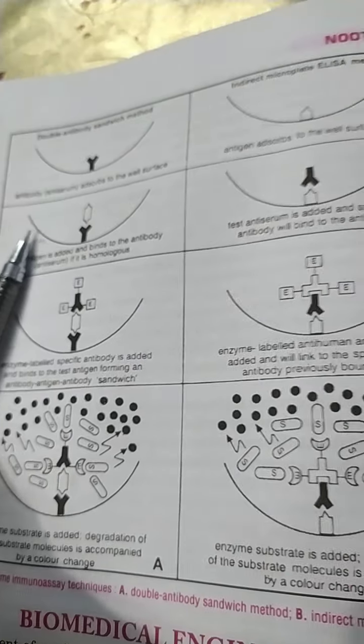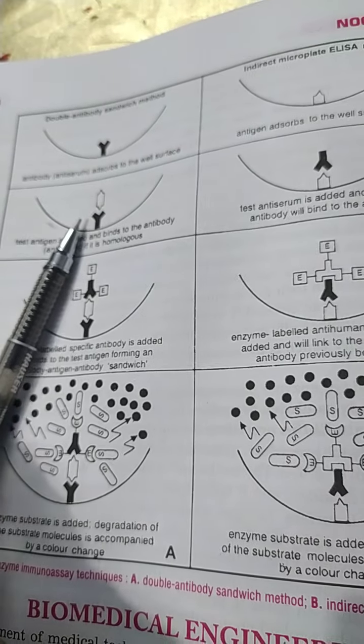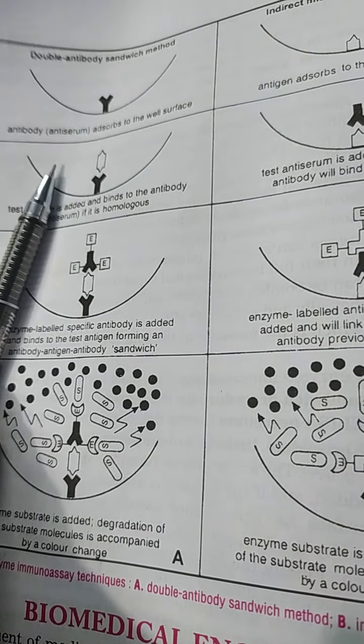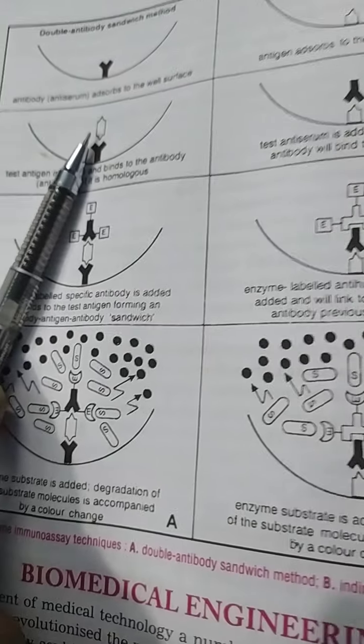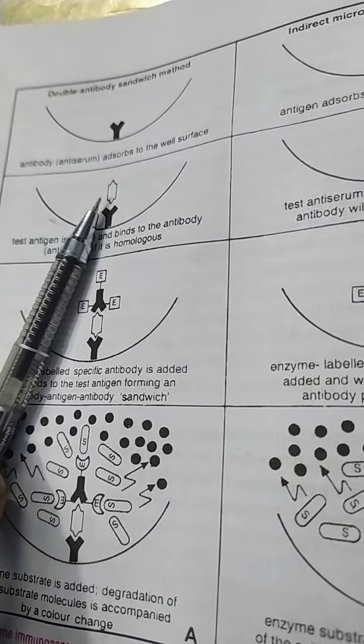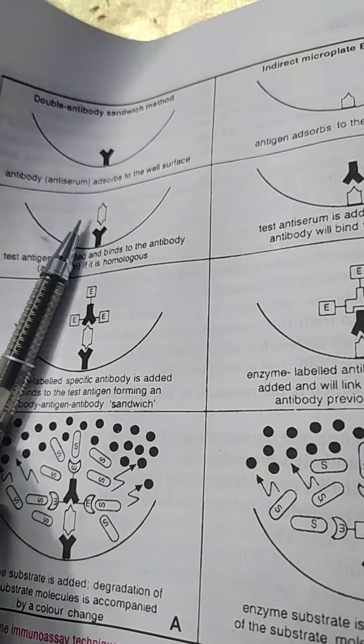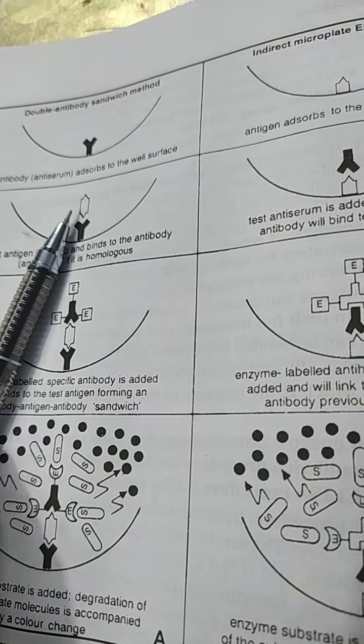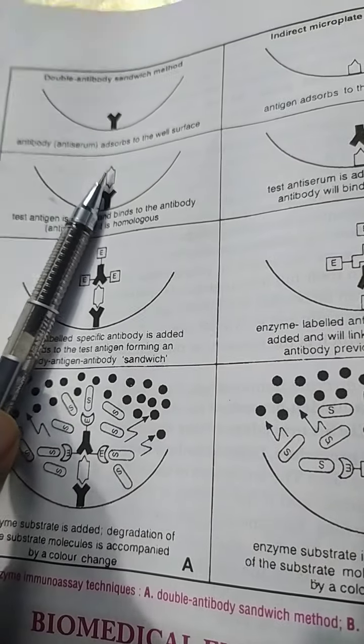Now the second step, children, listen carefully. The antibodies in the anti-serum adhere to the surface of each well. Do you see this antibody in the anti-serum?